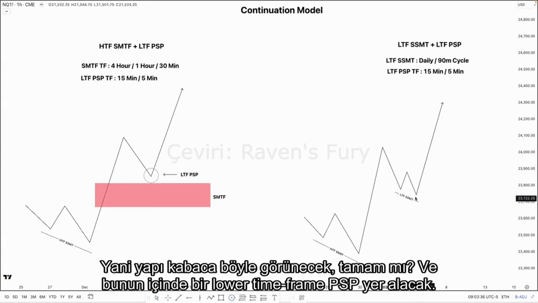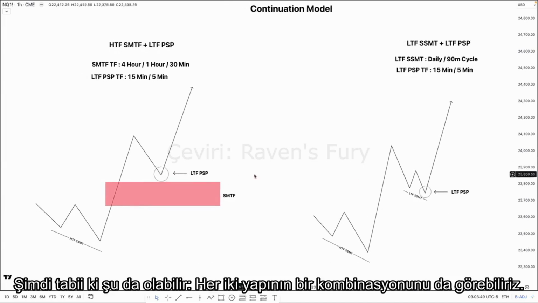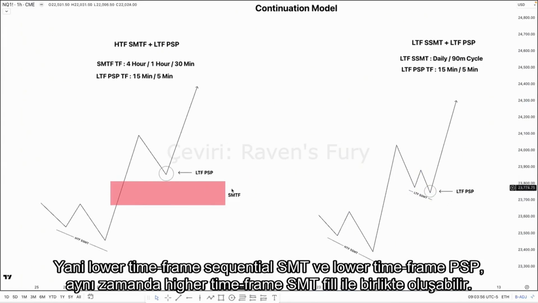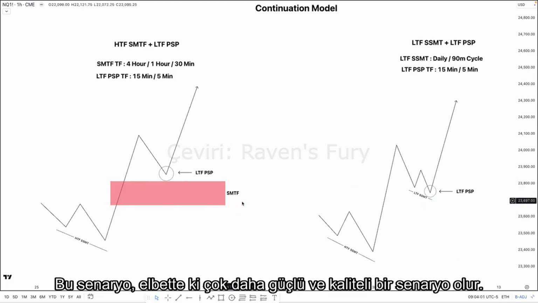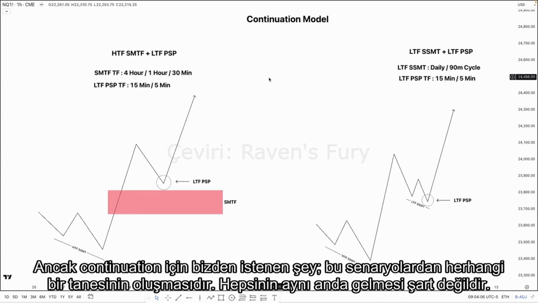Okay, and then we'll have a lower time frame precision swing point within here. Now, of course, what may happen is that we get a combination of both. So we have a lower time frame sequential SMT and the lower time frame precision swing point combined with our higher time frame SMT fill. This would, of course, be an even better scenario. But all we'll be looking for is one of each, or one of these scenarios for our continuation.